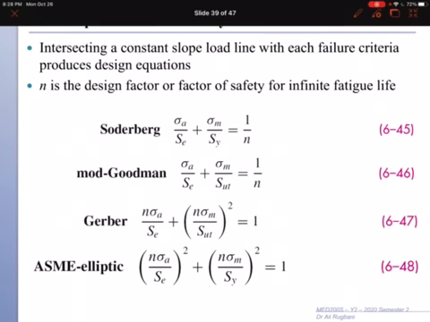So here you have the equations. For Soderberg, we use endurance limit with alternating stress and yield strength with mid-range. For Modified Goodman, we use endurance limit and ultimate strength.